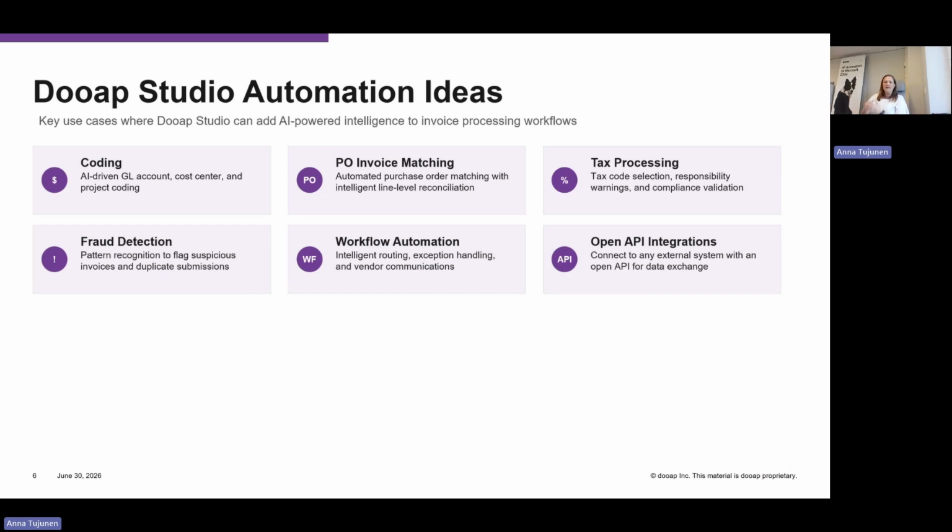Automatically, that Studio is connected to your Dooap environment, but also to your Dynamics environment. So it's basically able to retrieve any information you would want to use in your automation process from Dynamics. If it is something that we don't yet see, then you can just point and click and basically retrieve that information, even if it's something from your custom fields or custom functions.